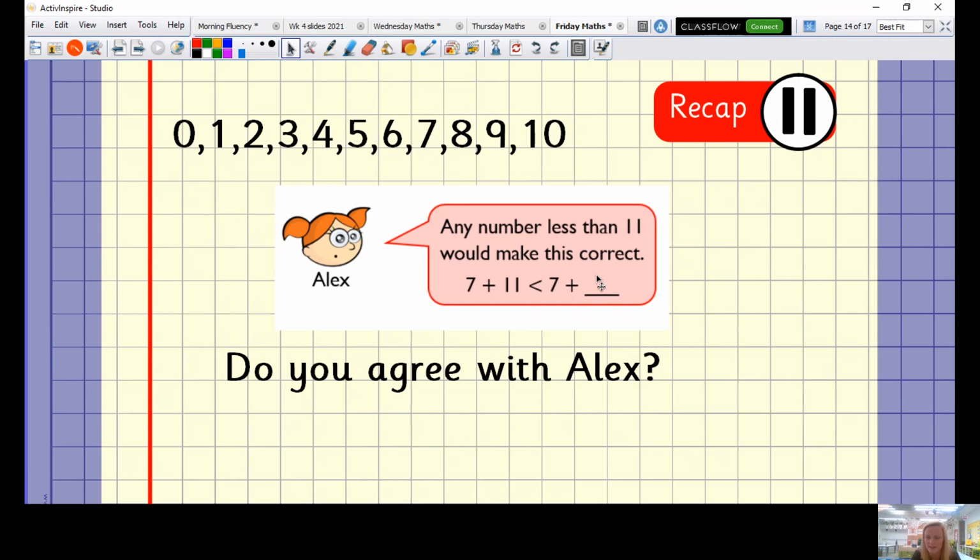So if I had 10 here, would this comparative symbol be correct? If I had 9 there, would it be correct? Do you agree with Alex, or do you think she might be wrong? Okay, so press pause and try and write some evidence to show why she is wrong or right.